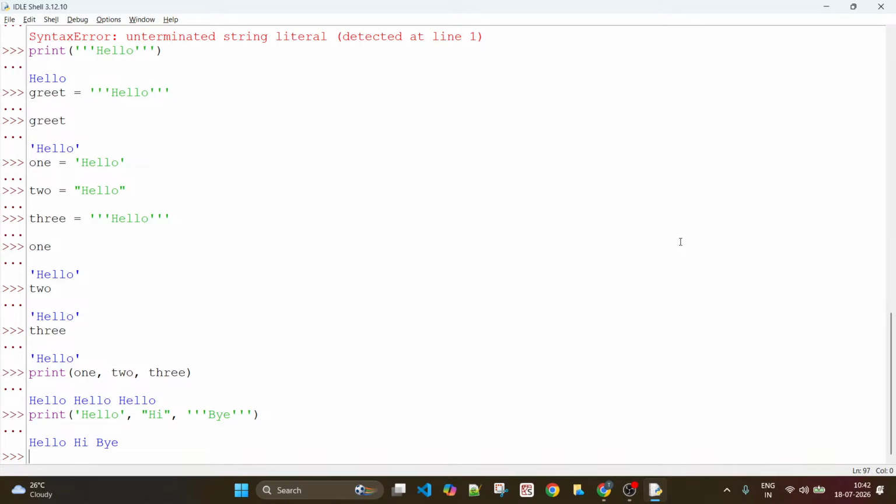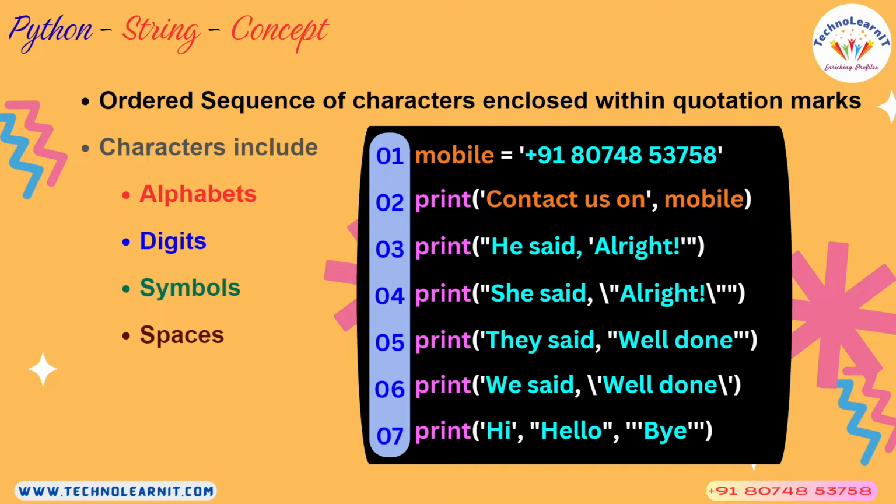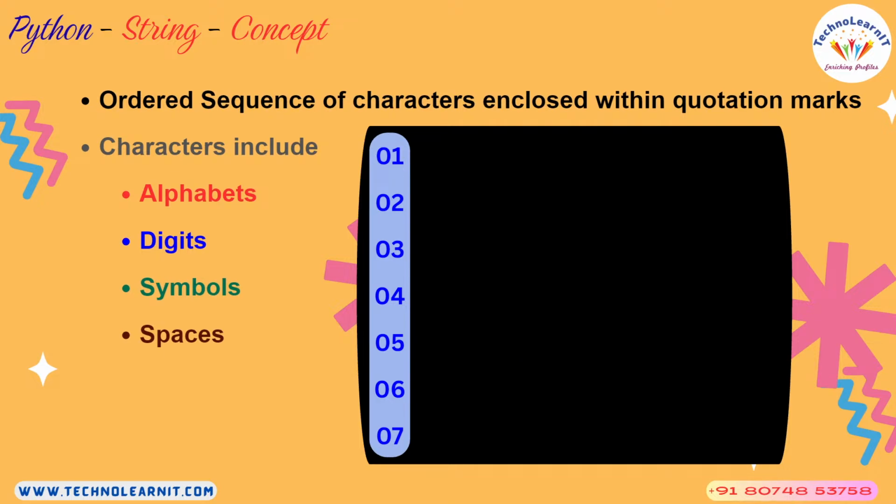So this is what you have been seeing on the slide, where the print statement on line number 7 takes three different strings, and each of them uses its own starting and termination symbols. The first one uses single quotes, the second one uses double quotes, the third one uses the triple quote operator.